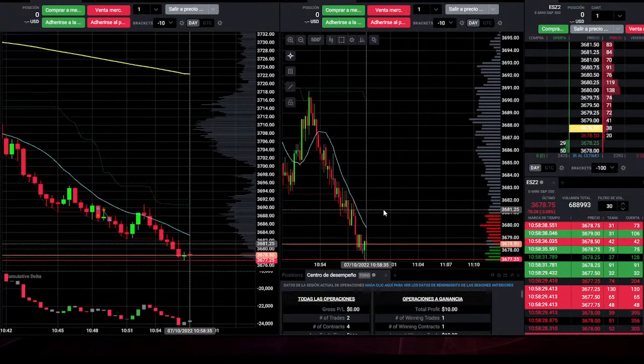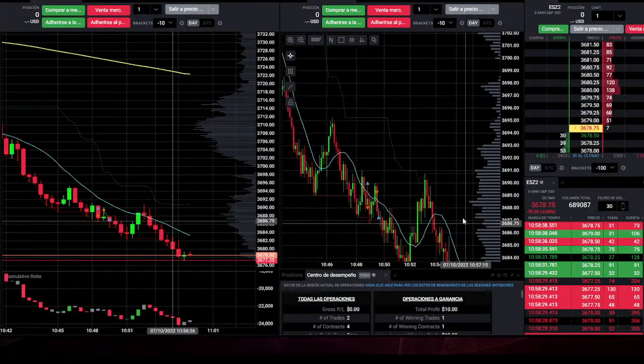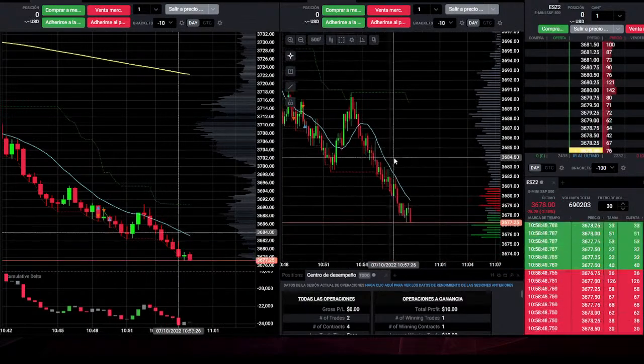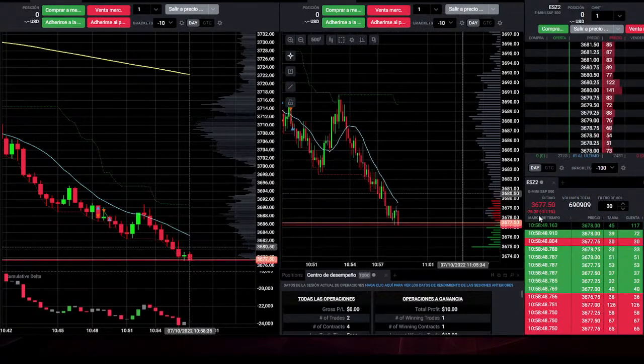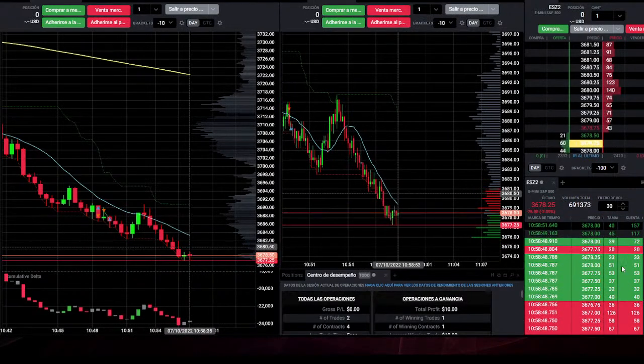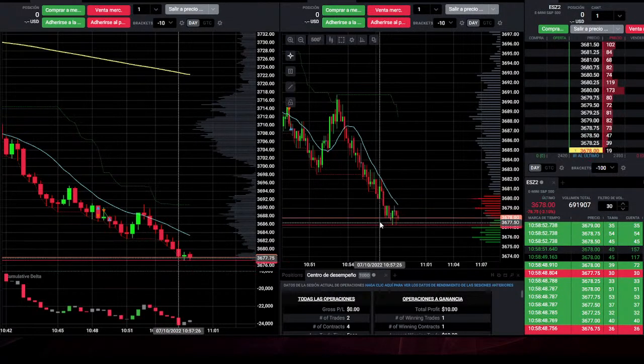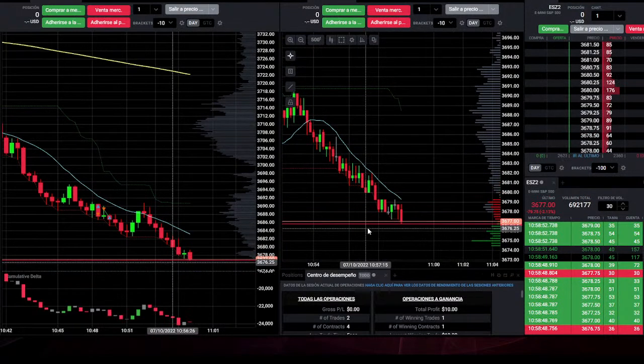Perhaps a good pullback takes you out, just like this one. Okay, here buys, here buys, more buys. Let's see if it can hold this level or not. Well, not.